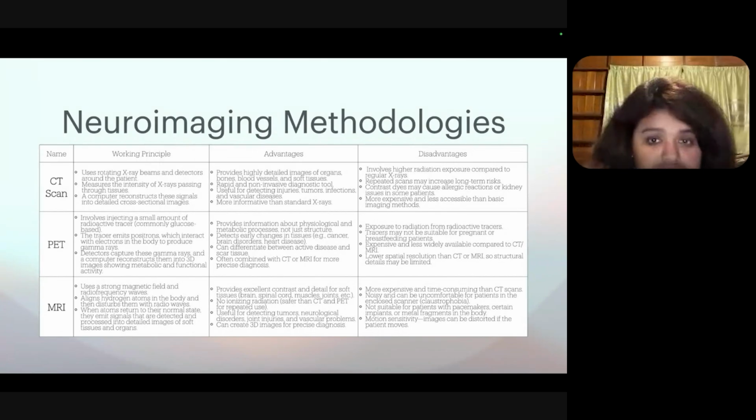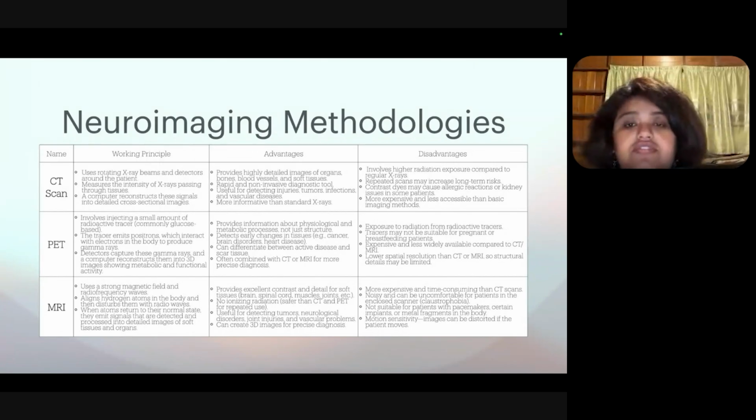Like I told you, there was a situation where no treatment could be provided for these severe diseases. So CT scan can actually detect injuries, infections, tumors, and also vascular diseases like strokes. Also, there is something called a contrast. What is a contrast?